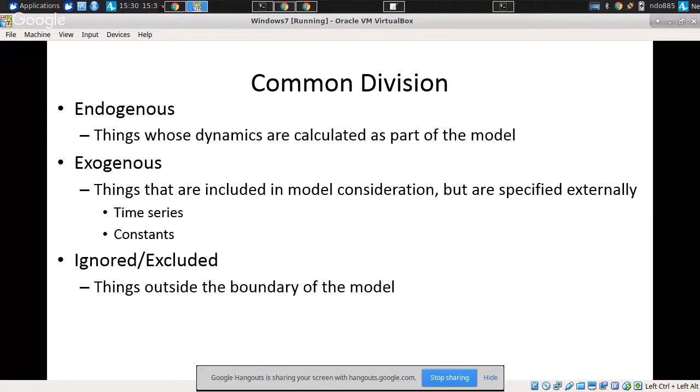Let me go through them from the bottom. For ignored or excluded, I said something like things that are left out of the model. Often these are things that are consciously left out. There are often things left out by fiat. You just didn't think to put it in there. But often these are consciously left out.